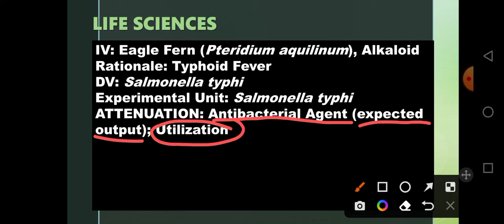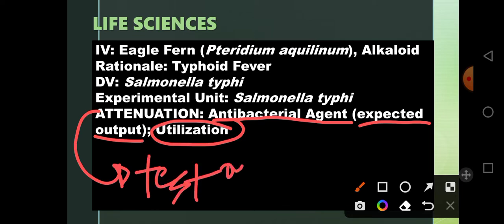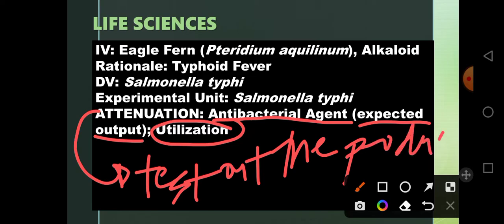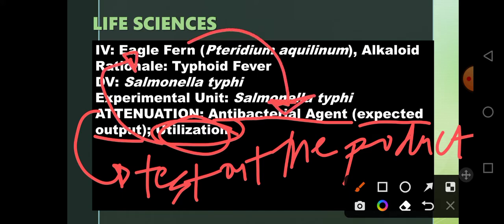So when we say attenuation process, it is the process that we will use to test out our product. Okay? Attenuation process is the process we use to test out our product. In this case, our process is to utilize the eagle fern so that we can test out the antibacterial agent made from the eagle fern.